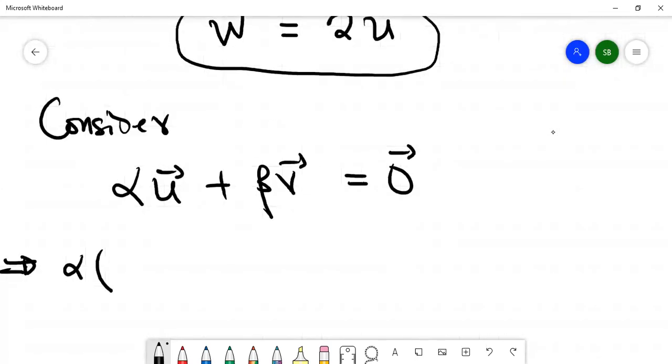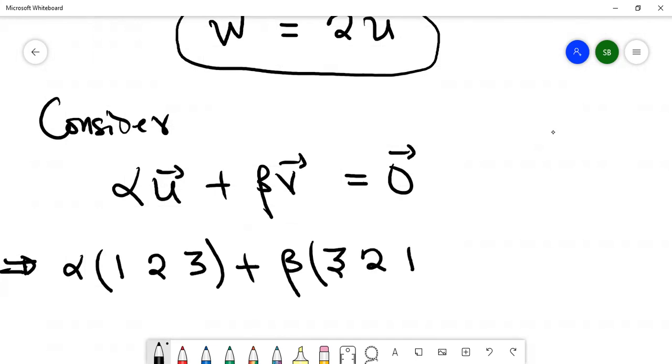Alpha times 1, 2, 3, plus beta times 3, 2, 1, and of course, this will give us 0.